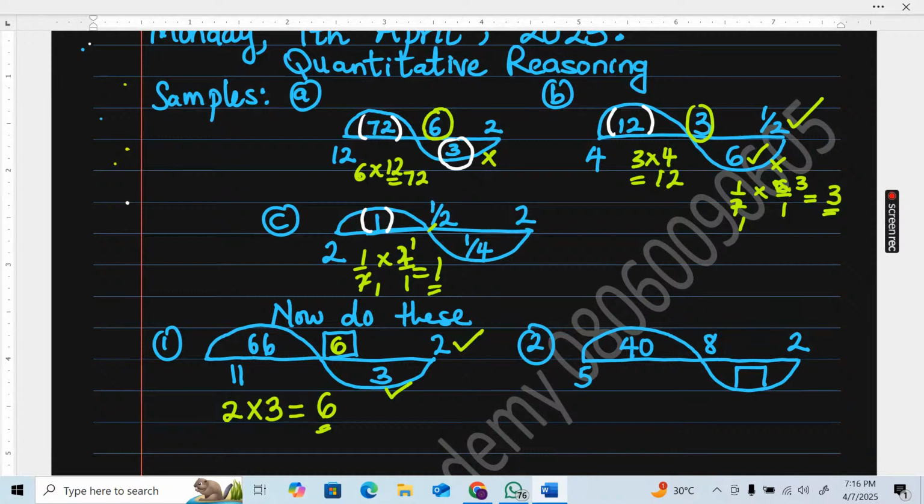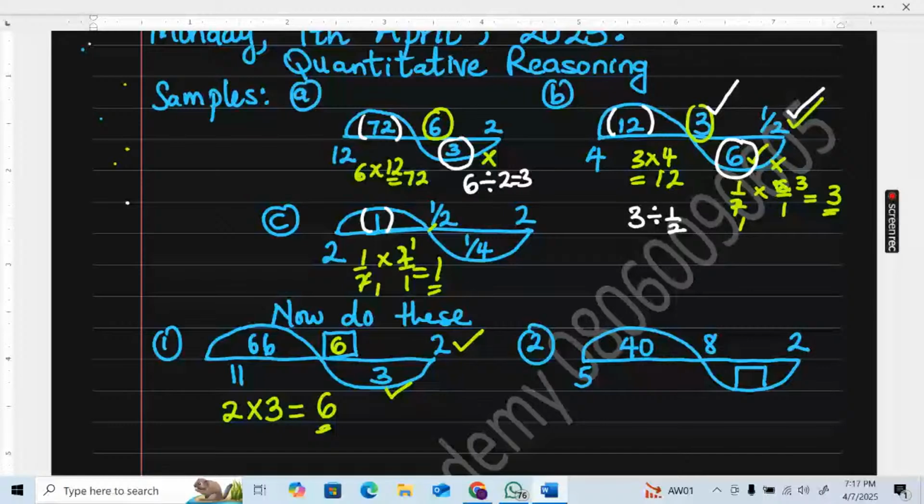Okay, it's for us to divide 6 by 2. 6 divided by 2 will give us 3. Let's use that method for sample B. How can we figure out 6 in this curve below? That would be 3 divided by half. The 3 that is above in sample B divided by half in sample B.